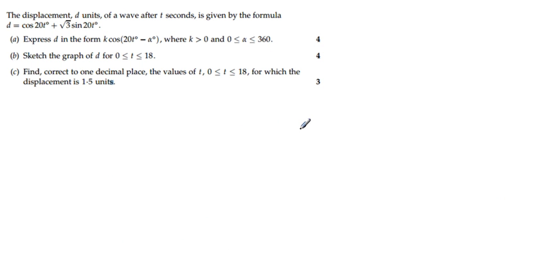Now I'm going to go through this last question fairly quickly, just because it's slightly different. So firstly we've got displacement given by this formula, and we want to express d in the form k cos of 20t minus alpha. So for part A, we want cos 20t plus root 3 sine 20t to equal k cos of 20t minus alpha.